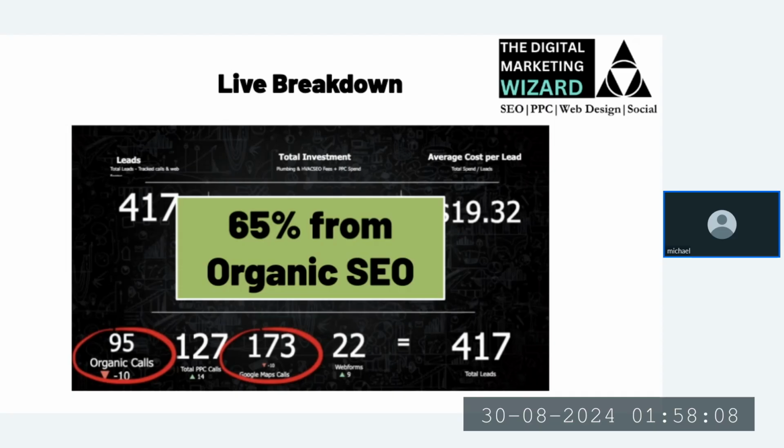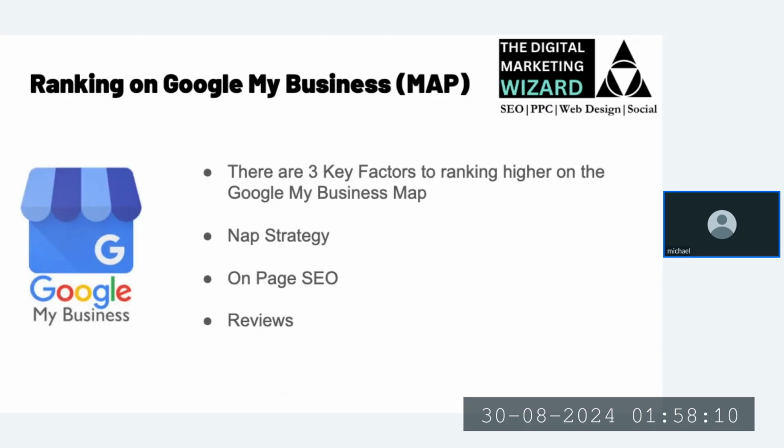Another thing that I think really helps out is how you rank on Google My Business. That is the actual map. There are 3 key factors to rank higher on the map. The first one is your NAP strategy. Name, address, and phone number have to be consistent anywhere on the web, including social media. Second, your on-page SEO, which we just showed you how to do properly. And third, your reviews.